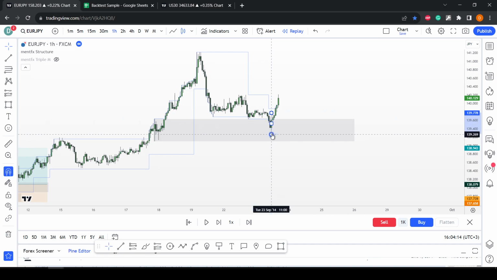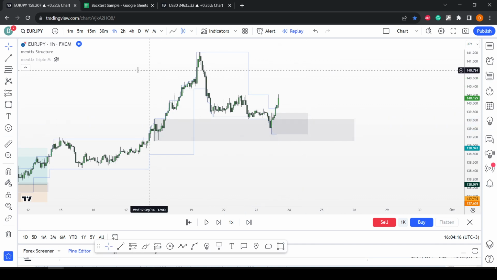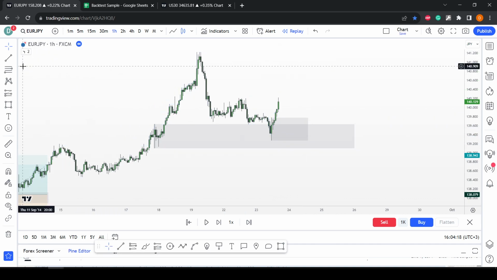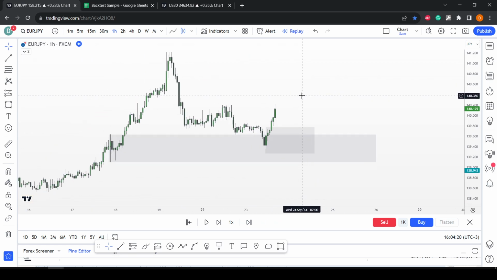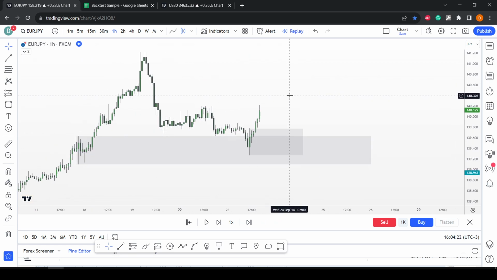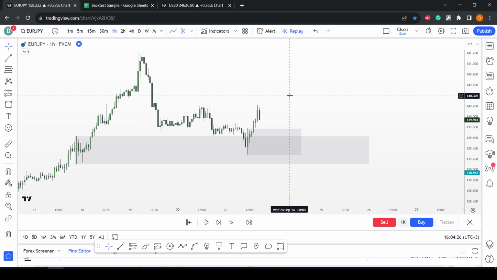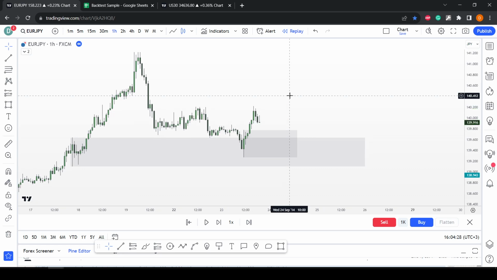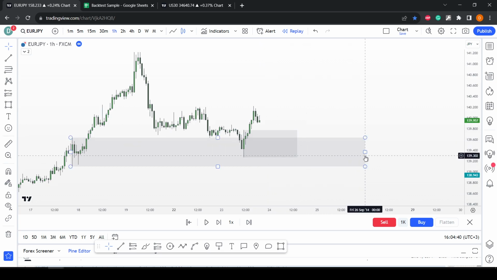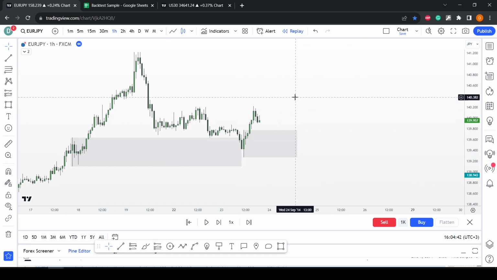Now we will have confluence between daily, 4 hours and 1 hour, 3 confluences, which is enough for a more or less high quality setup. So we have an ICI already, so we can either follow it from here or wait for this deeper mitigation, which would be even better.